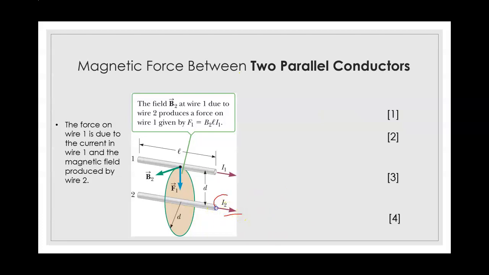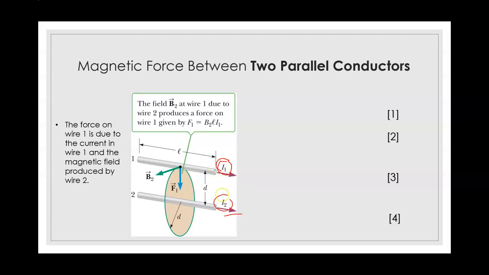Okay, kita ada dua wire dan masing-masing membawa current I1 and current I2 in the same direction. Wire 1 is directly above wire 2. So what is the magnetic force on one wire due to the magnetic field set up by the other wire?